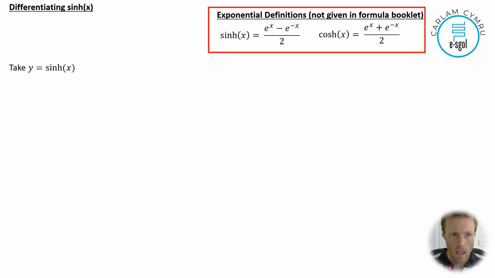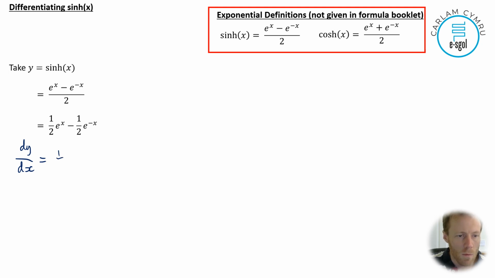Okay, so let's start by differentiating sinh. If we take y equals sinh x and just write it in exponential form, so you need to recall that because it's not given in the formula book, and we'll just break it up. Now, what we'll do then is differentiate this. So dy over dx gives us a half, and when you differentiate e to the x, you just get e to the x.